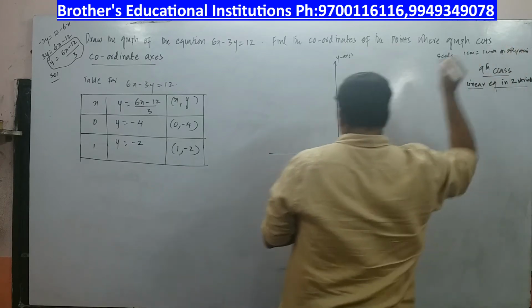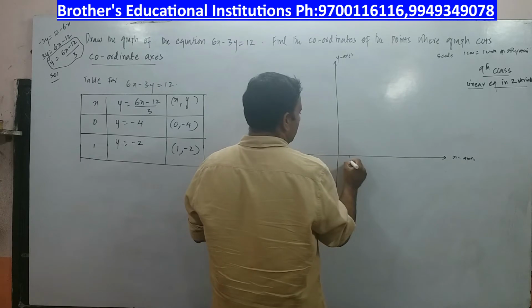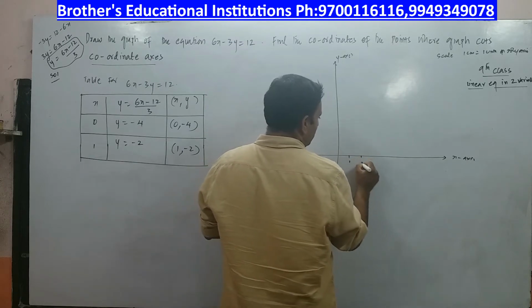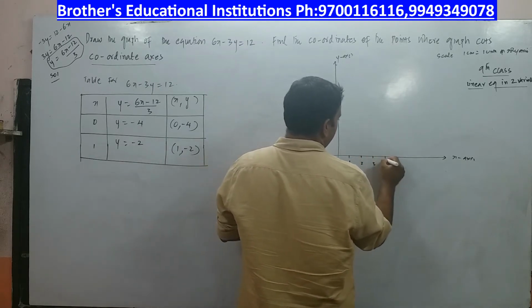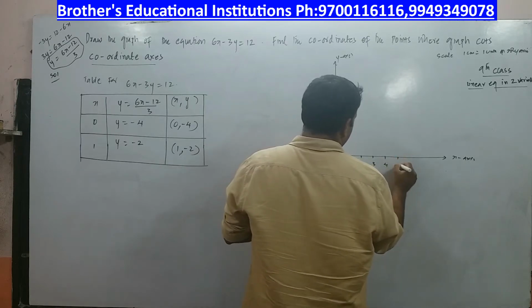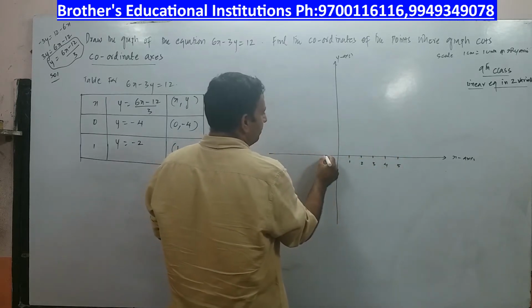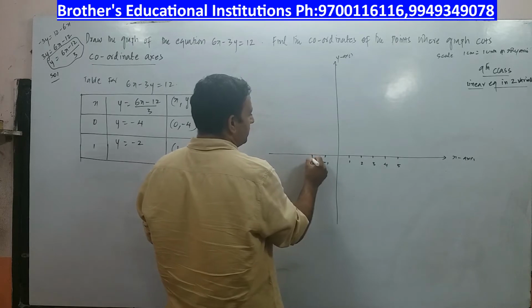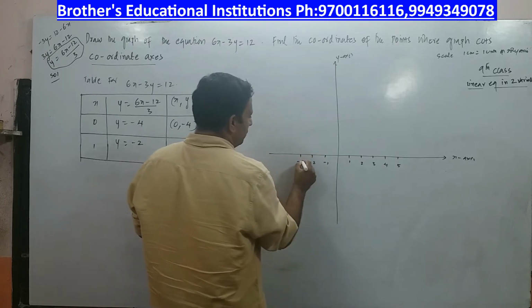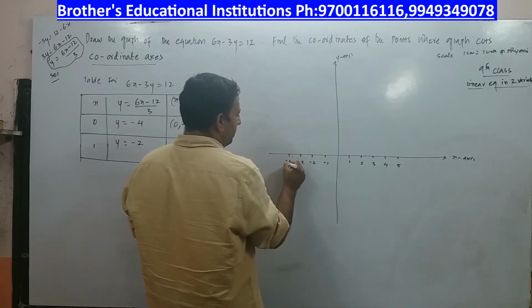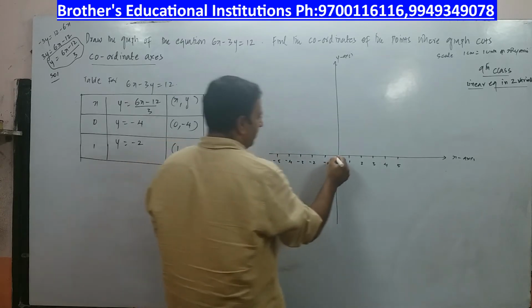If it is individual, you must take individually. So this is 1, this is 2, this is 3, this is 4, and this is 5. Similarly here also. This is minus 1, this is minus 2, minus 3, minus 4, minus 5, 0.